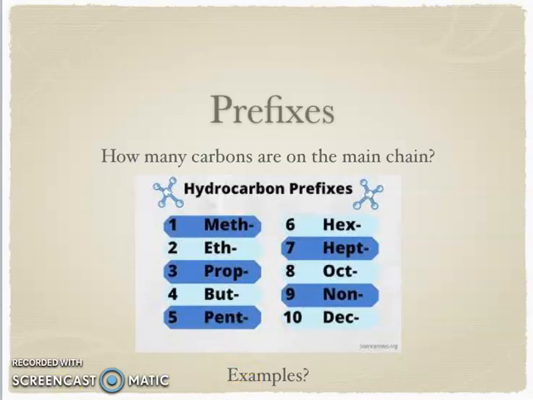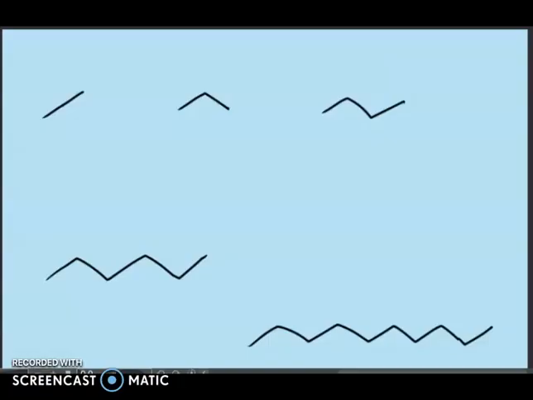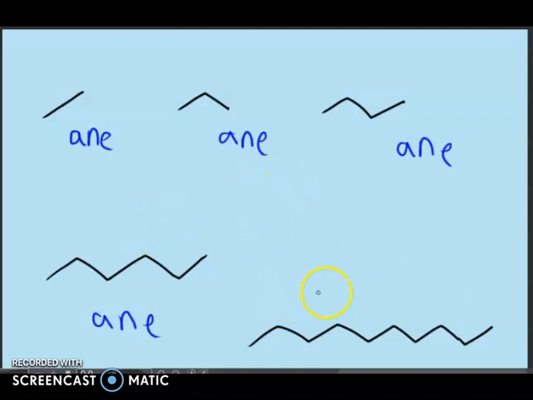I'm going to skip us over now to the whiteboard feature, and we're back here with the whiteboard feature. So I just grabbed a couple examples. These are pretty step 1 examples of how we would name these. So remember, since these are all alkane chains, they're just carbon and hydrogen, at the end of our naming scheme, all of these will get this ANE.